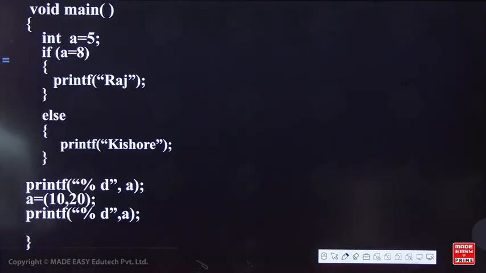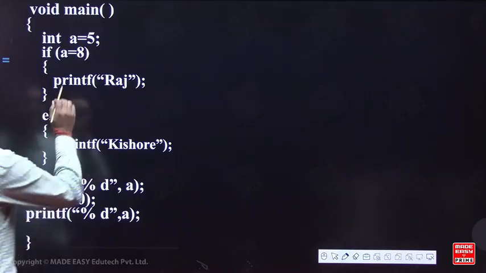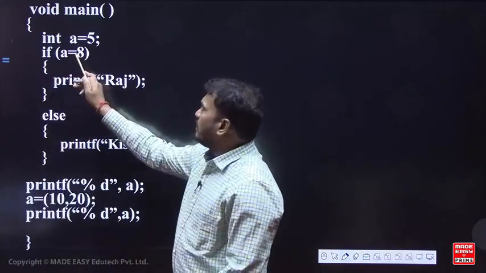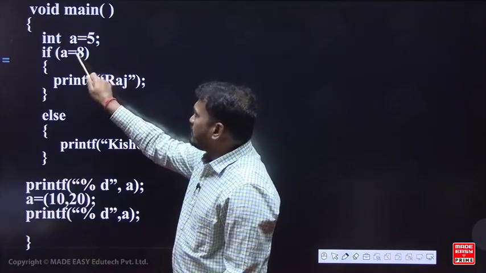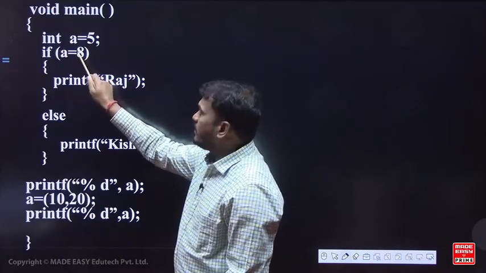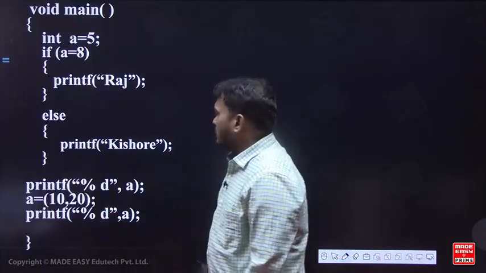Yes sir, Surya Teja, yes sir. Take this example and tell me what is the output printed. Remember this is equal to, only one equal to is there. Integer a equal to 5, and this is a equal to 8. It is not a double equal to, it is a single equal to only. So take this.